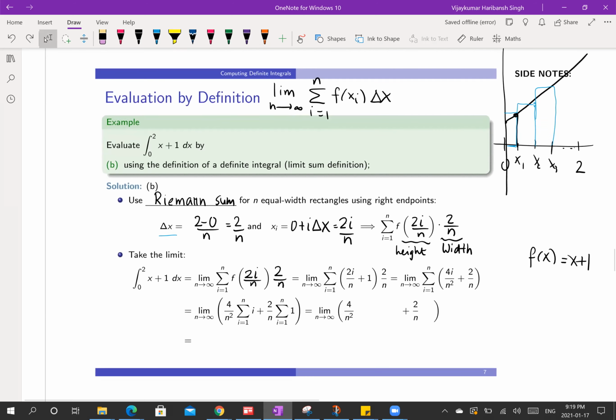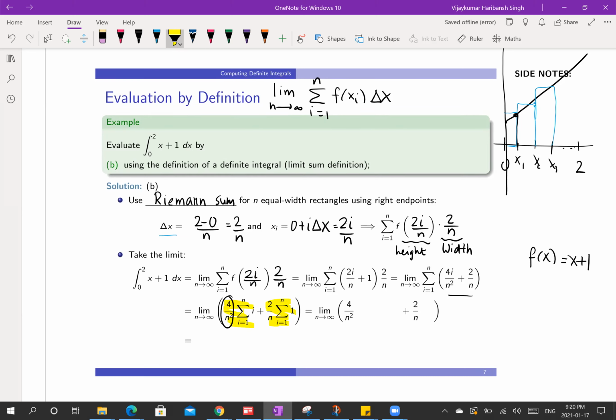Now we'll break the summation here. So we'll bring the summation to both of them and take the common factors. From the first part, I can take 4 by n squared common and write it as summation i going from 1 to n of i. From the second summation, I can take 2 by n common, and then it is just adding 1.